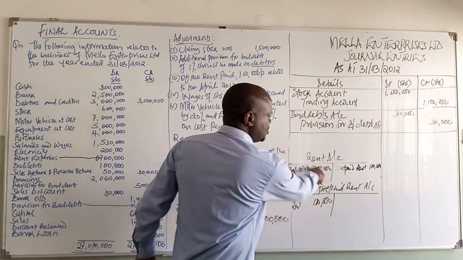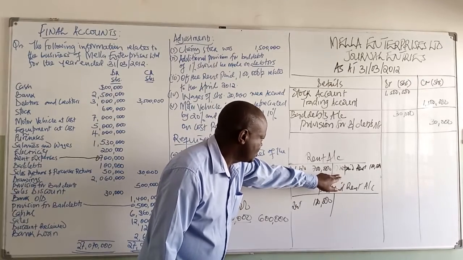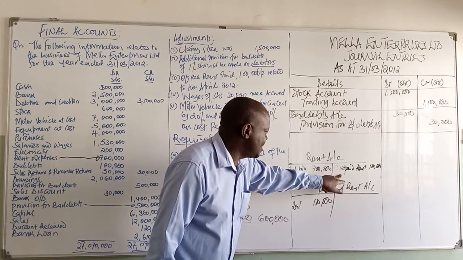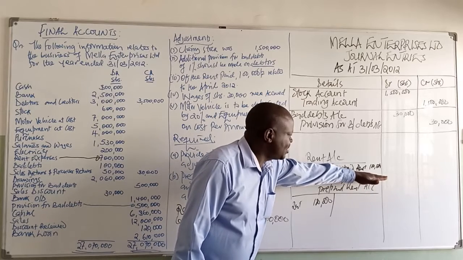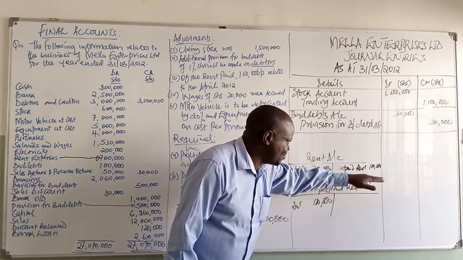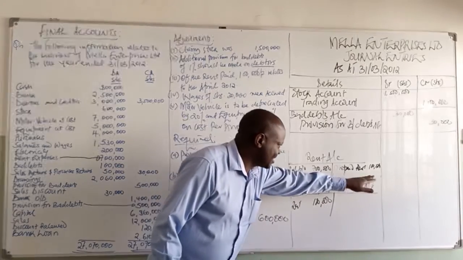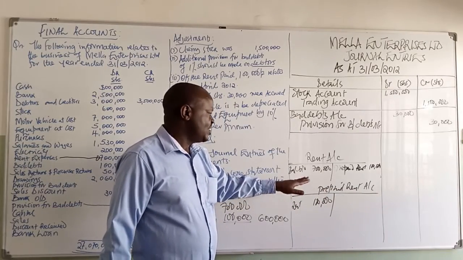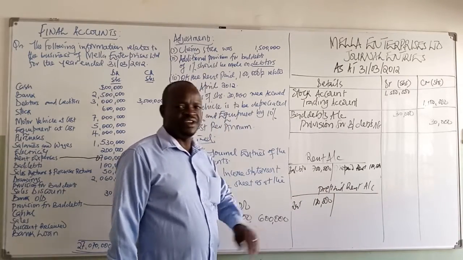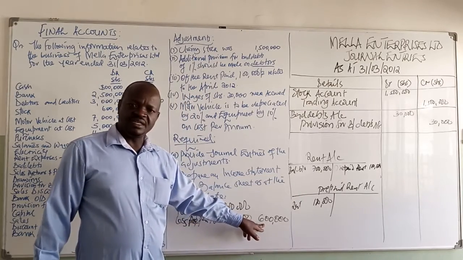And you can see the same thing here. When we balance this account we're going to have a balance carried down 600,000. When we add this side, 100 plus 600, you get 700. Even here 700. And then we shall get the balance carried down, which comes on this side on the rent account, to be balance brought down 600,000.